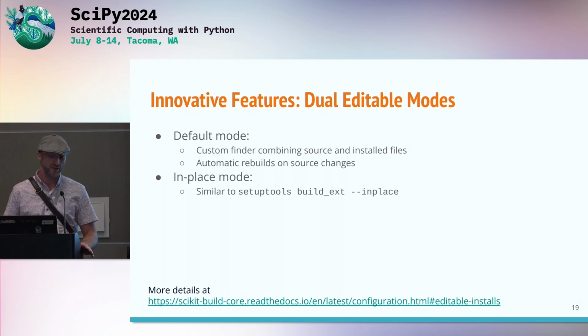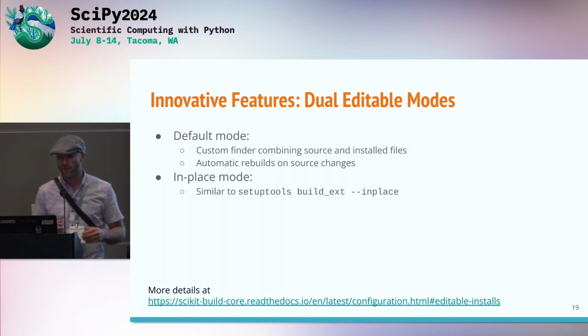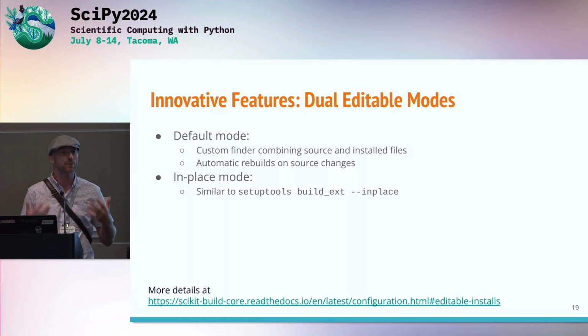Now another important feature when you develop is what we had as the -e mode in pip, the editable mode. It means you want to be able to modify your source files in your source tree and run your tests easily. To support the editable mode, there are two ways.